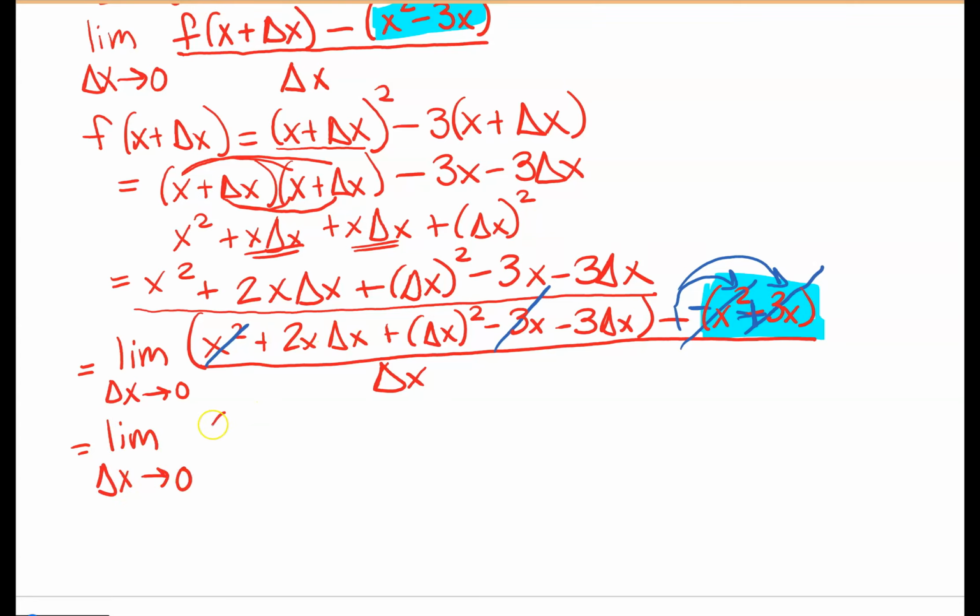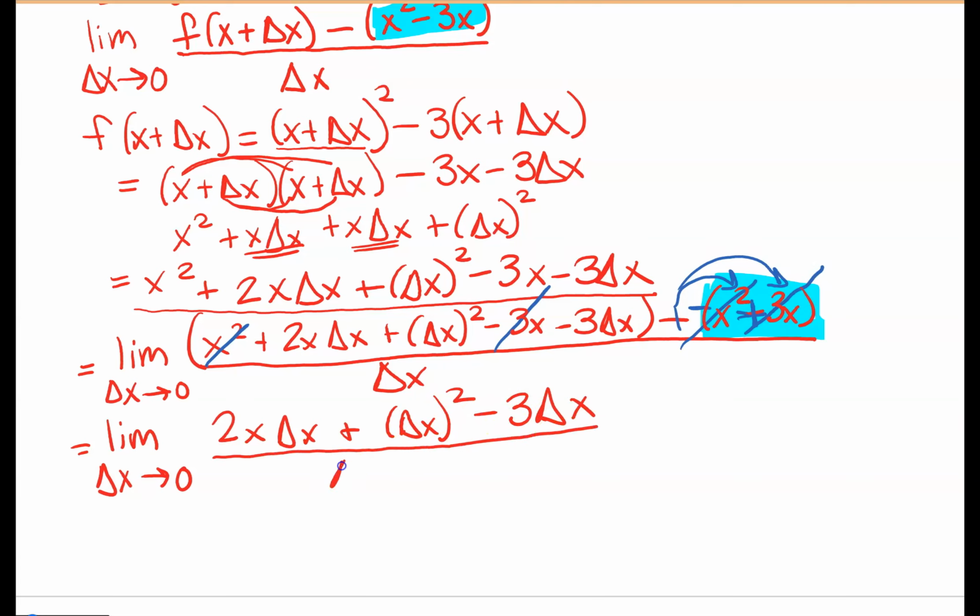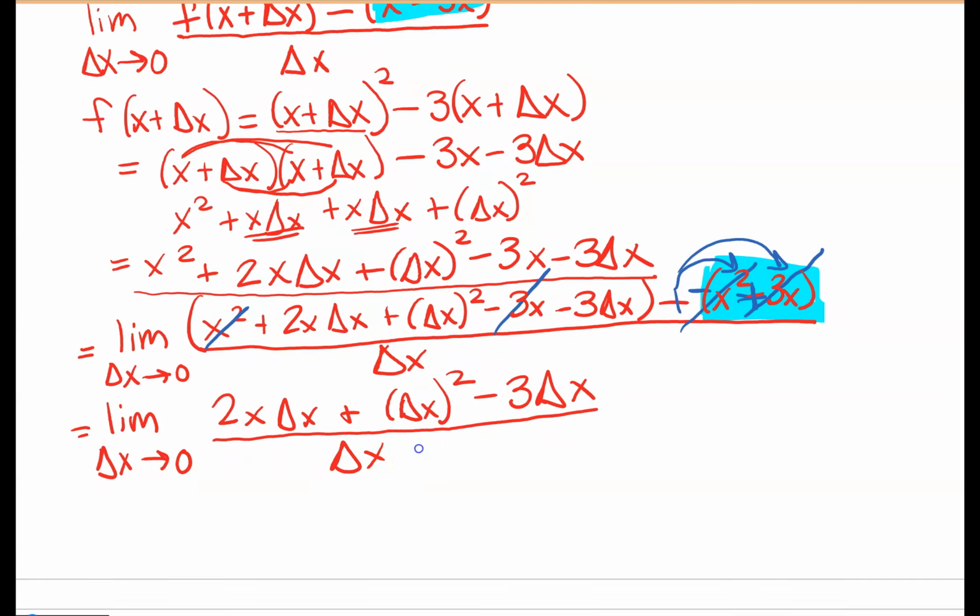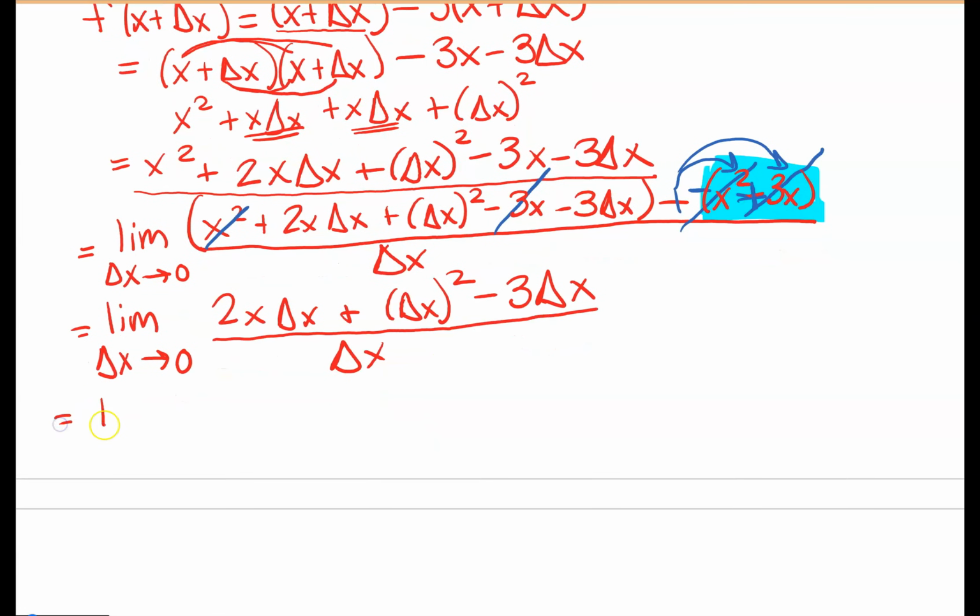Now what am I left with? I have 2x delta x plus delta x squared minus 3 delta x. All of that is being divided by delta x. Okay, but now I notice I can factor out in the numerator a factor of delta x. They all have it in common.